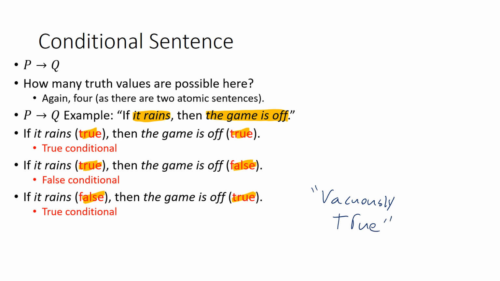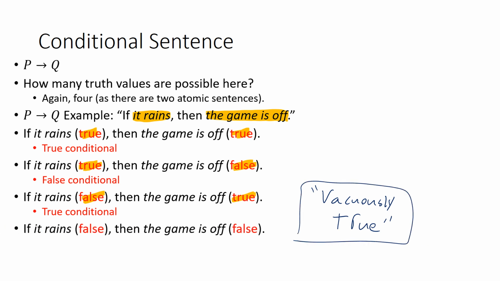First off, remember that the antecedent is only sufficient for the consequent. It's not necessary for the consequent. So the game might be off for another reason. So just because it's not raining, the game still can be off. So we can say that experience has not falsified that conditional, and because it has not falsified it, we will just treat it or stipulate it as vacuously true.